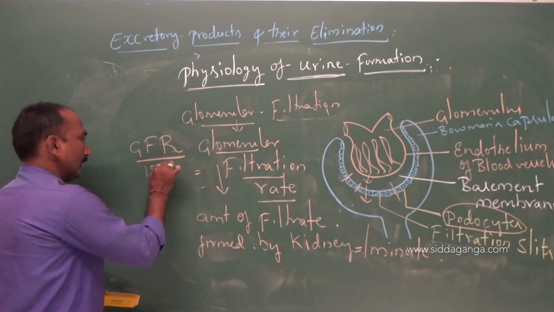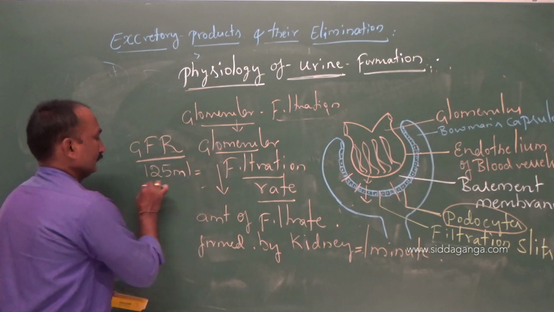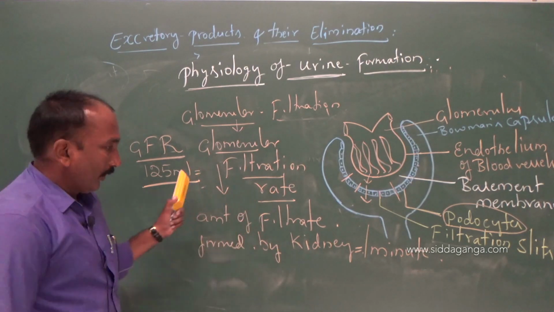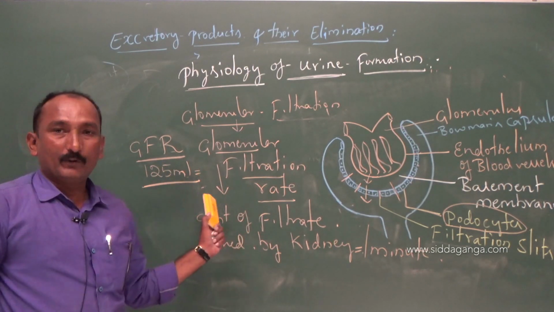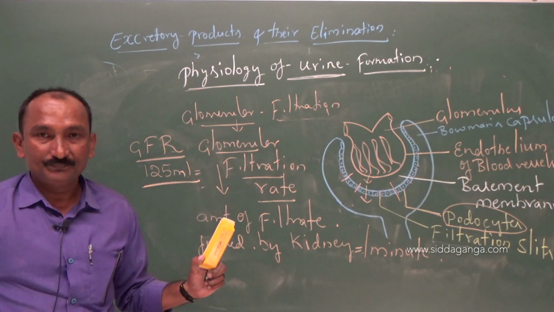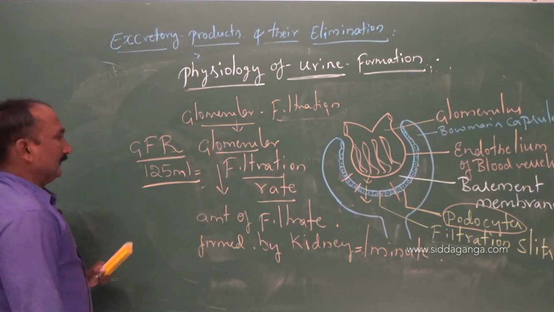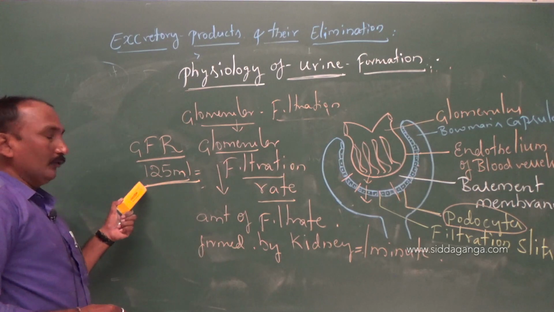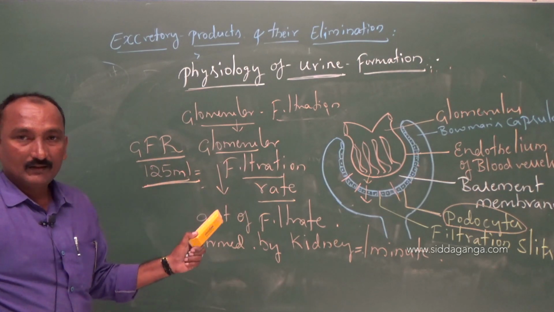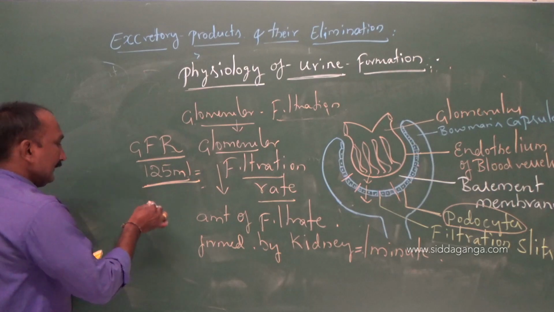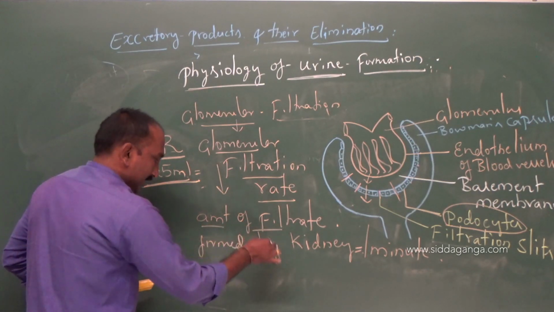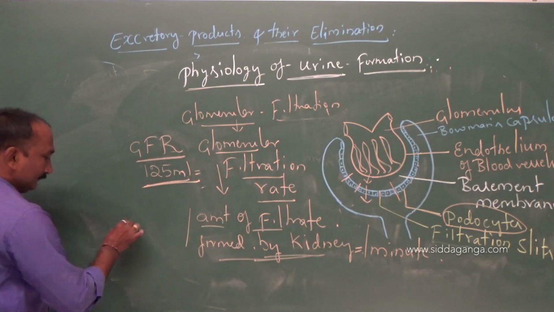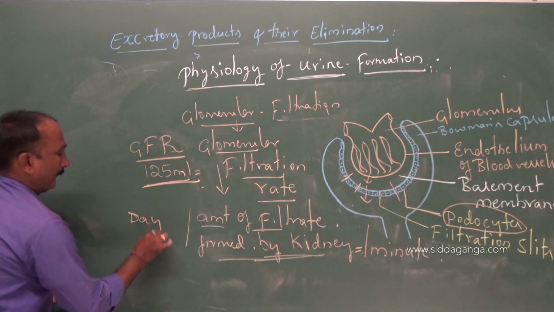That is about 125 ml per minute. Whatever filtrate is formed by the kidney per minute is about 125 ml. Similarly, the amount of filtrate formed by the kidney per day, how much?